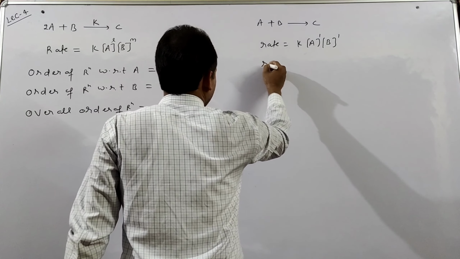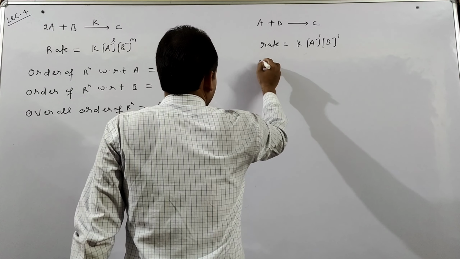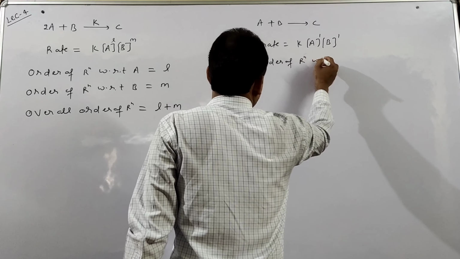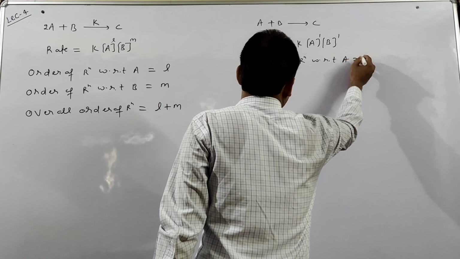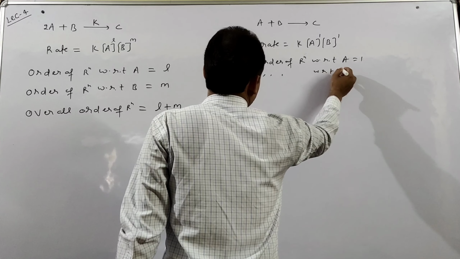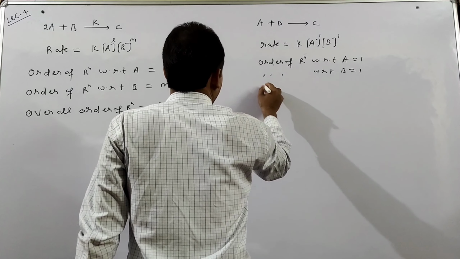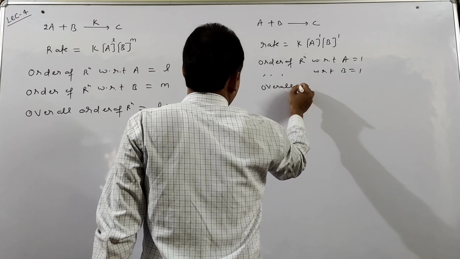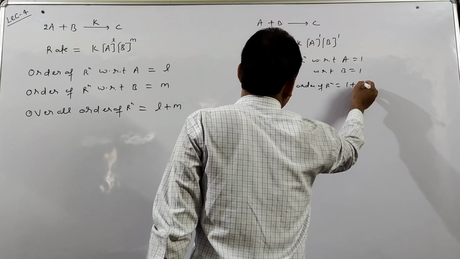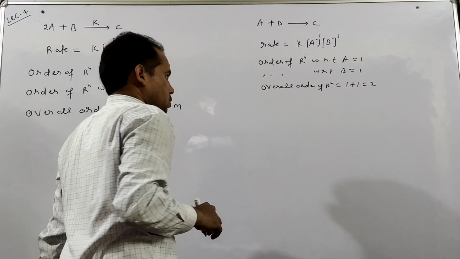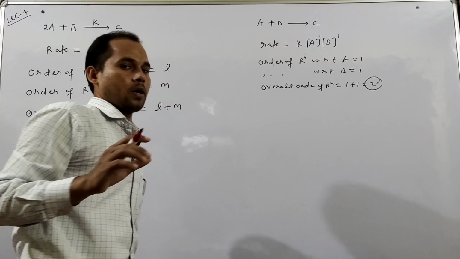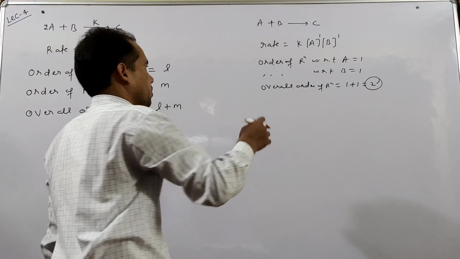So the order of reaction with respect to A equal to 1, the order of reaction with respect to B equal to 1, and the overall order of reaction equal to 1 plus 1 equal to 2. So the overall order is 2. This second order can be expressed in different ways.